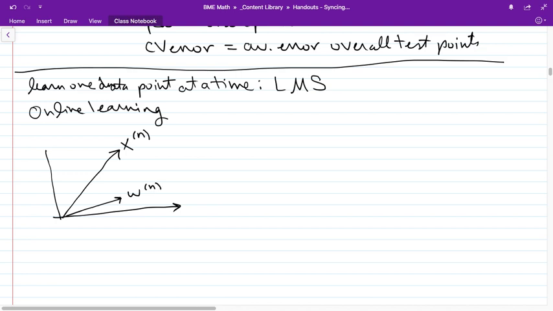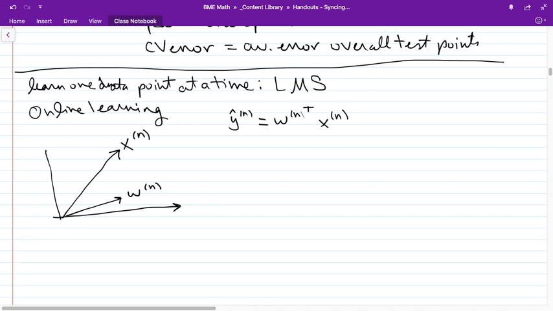Now I'm going to ask, how should I change W so that it reduces the difference between what I'm predicting and what the data is that I'm observing? So my prediction on trial n is Wn transpose times X of n, right? That's what I mean by prediction.